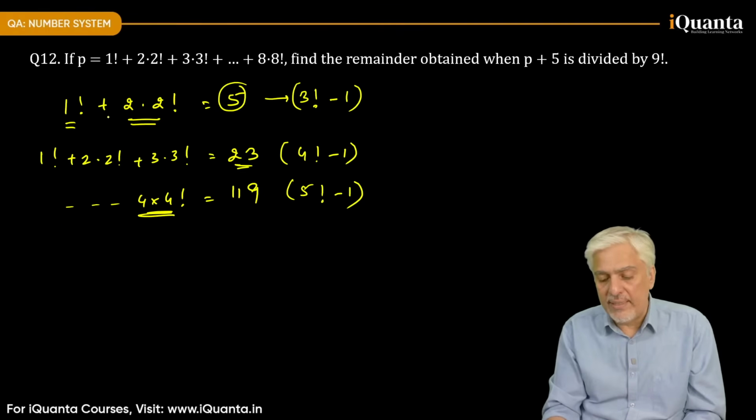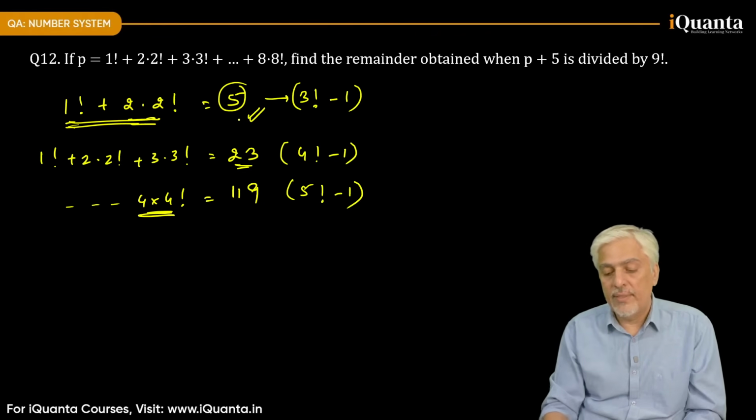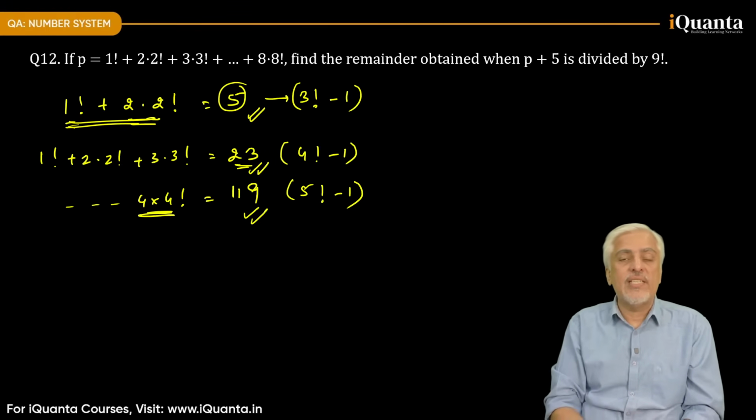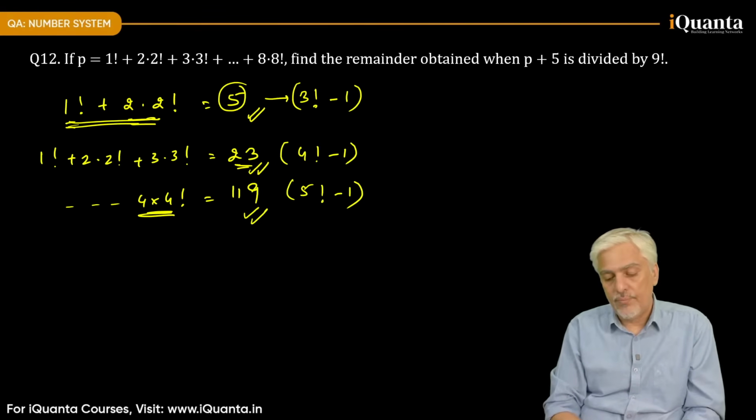Look at this ना, मैंने इसको जब किया तो this is coming only till 5. This is coming only till 23. This is coming till 119. अगर तुम और एक बार ट्राई करोगे तो next will come till 719. Right?